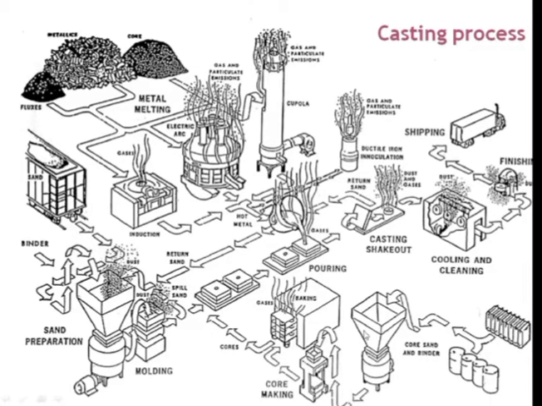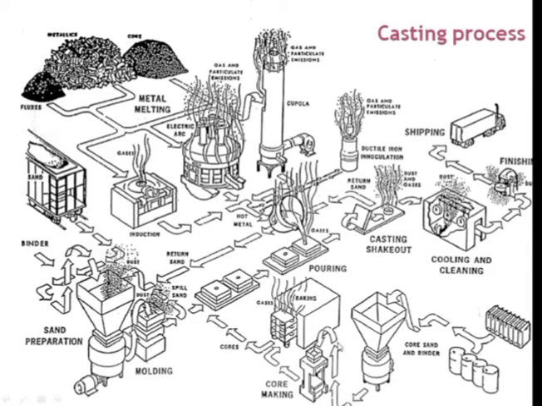So for preparation of the core, what is the core? If you require some hollow shape inside your mold box or your cavity, at that time some part is required which makes you a hollow part. For that, it is also made up from sand. So here sand and binder are mixed.